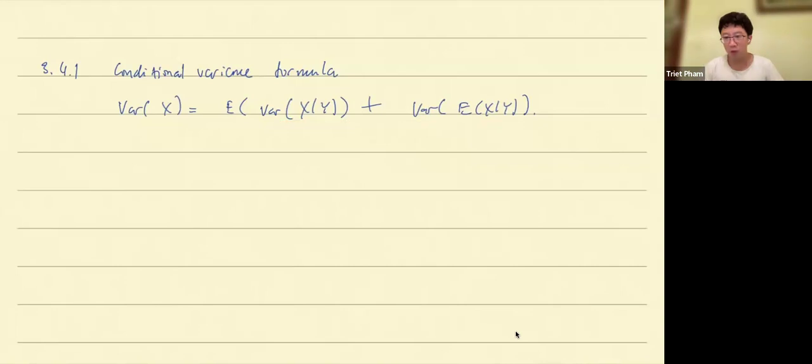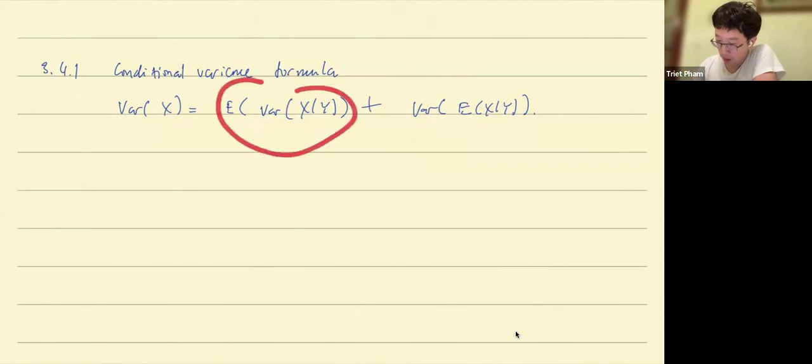In terms of use, obviously this is used to compute the variance of a random variable. The challenge is very much the same as computing expectation by conditioning. You have to find the appropriate random variable to condition on, but also you have to compute these terms.